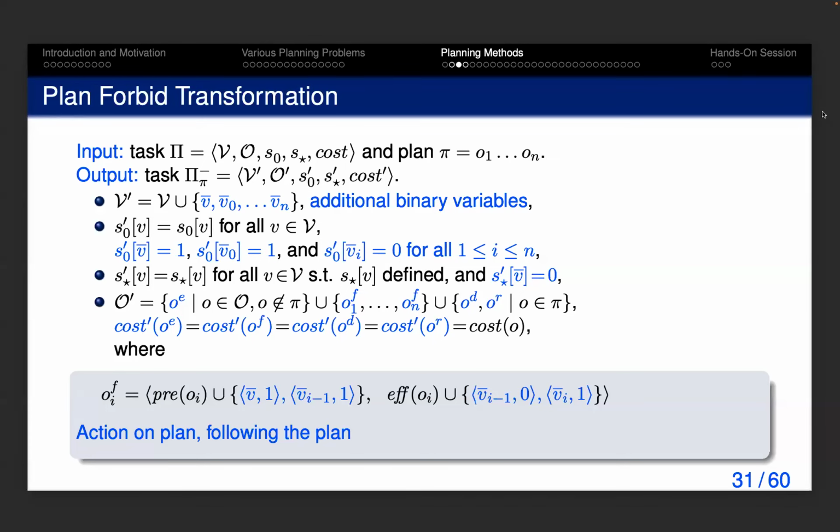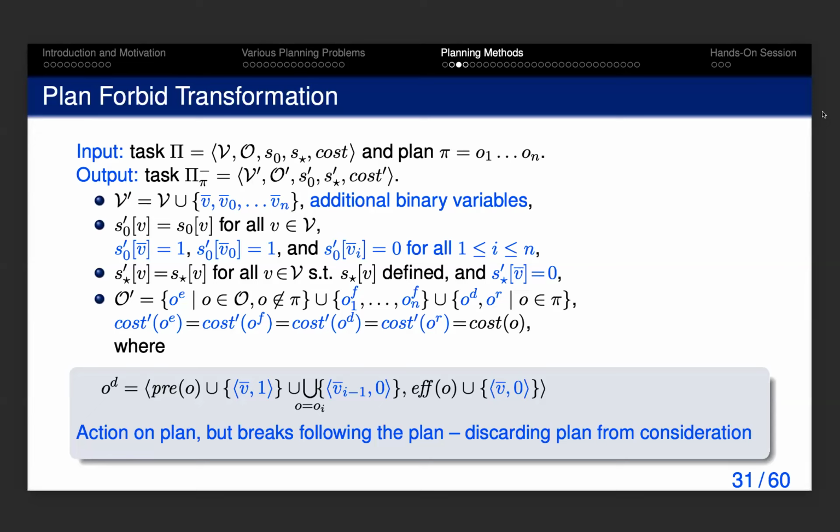If that's the case, then OI has additional effects of shifting the 1 from I-1 to I. So basically, we indicate that this is OI that was applied after O1 to OI-1.